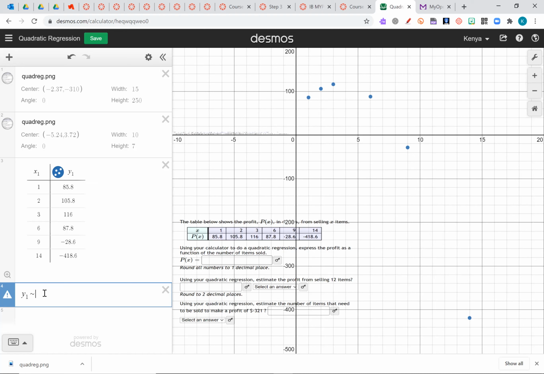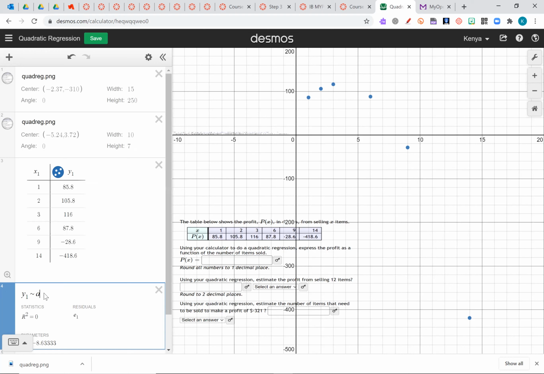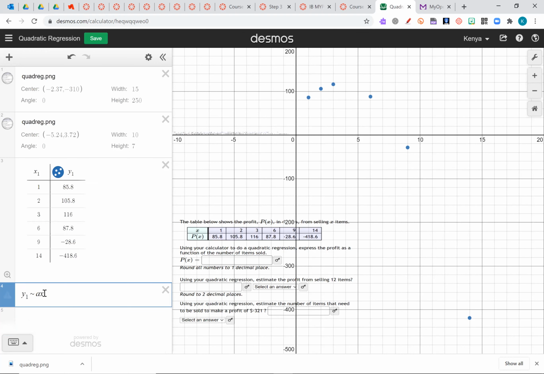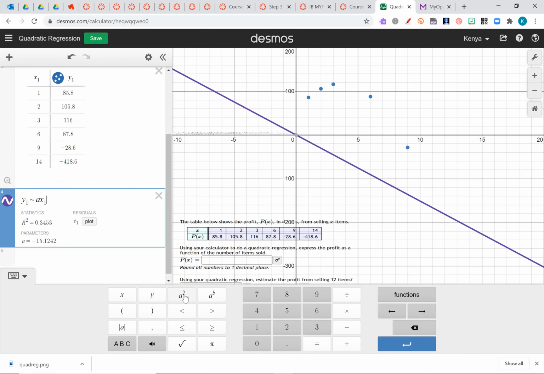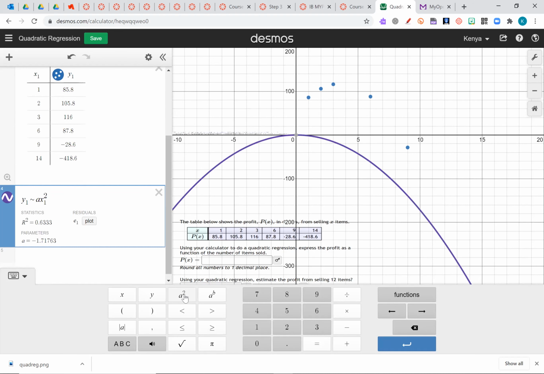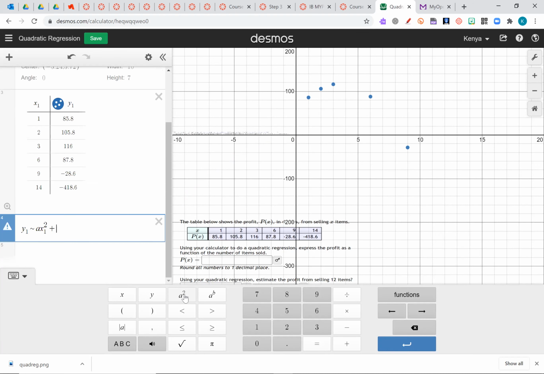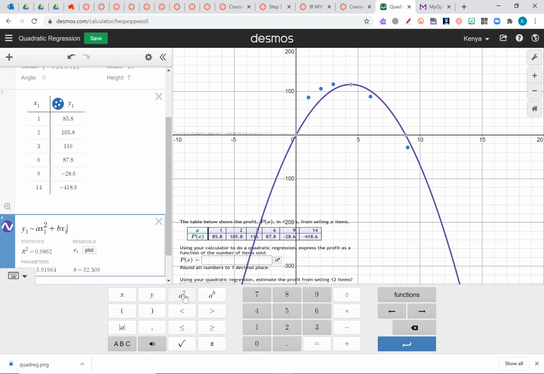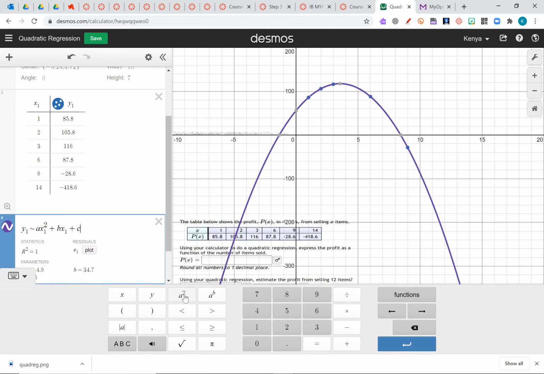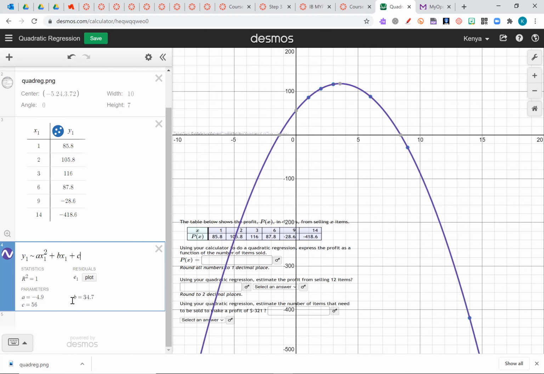So it's going to be a x sub 1, plus, well, remember to square it. Don't forget to square. Plus b x sub 1 plus c. And in doing so, Desmos has given us our quadratic regression line.